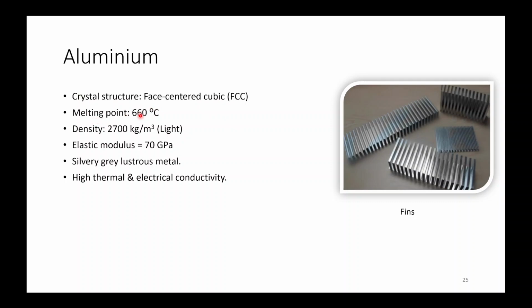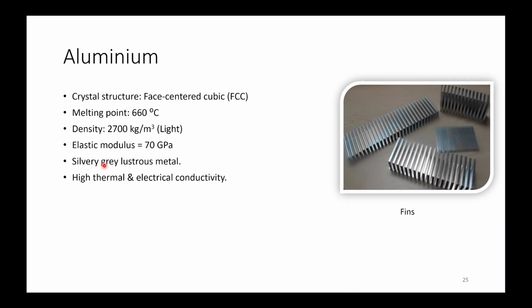It has a very low melting point, 660 degrees C, so it is very easy to produce by melting and making products. It has a density of 2700 kg per meter cube, which is light, and an elastic modulus of 70 gigapascal.